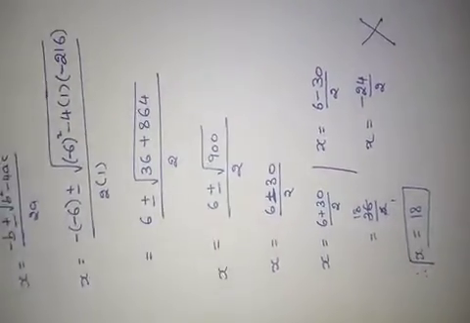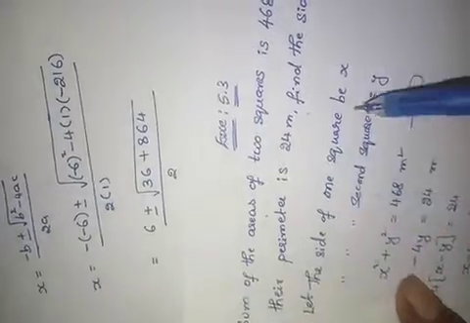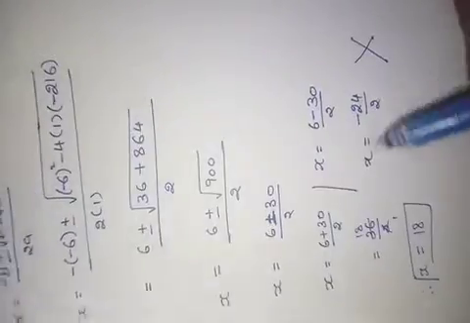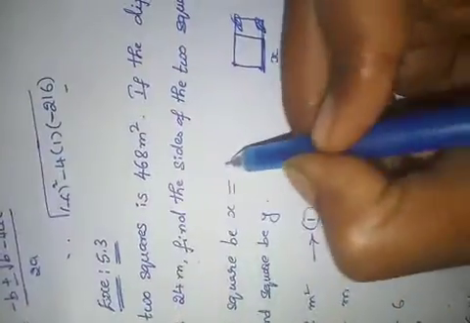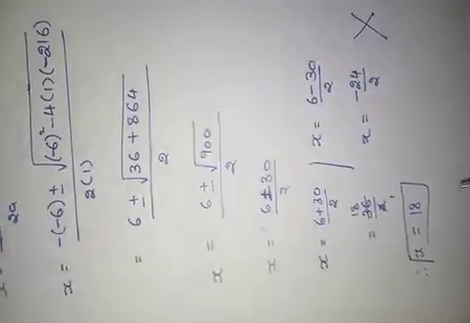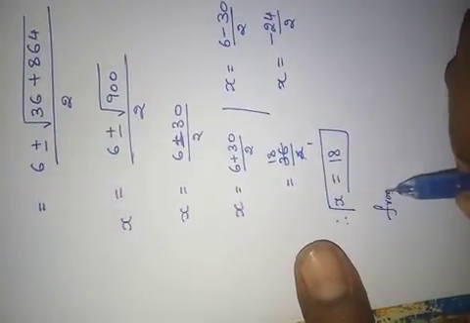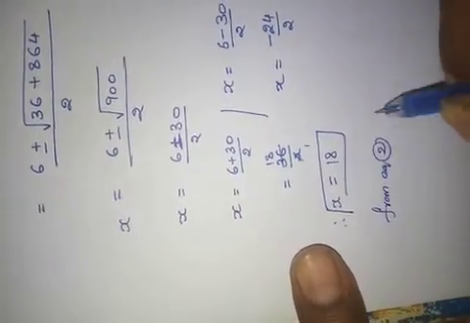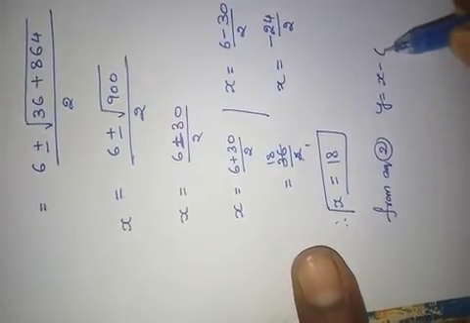The side of one square, x, that equals how many meters we got now? 18 meters. Now for finding y, y equals what? x minus 6, from equation 2, y equals x minus 6.